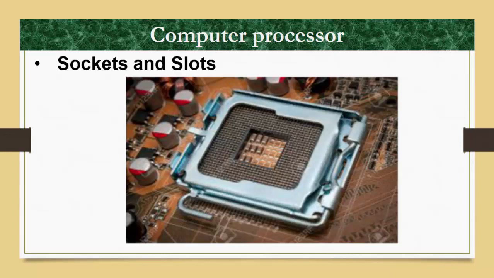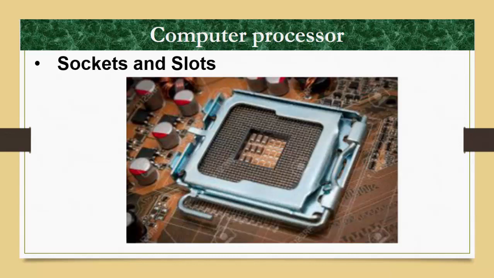Students, the microprocessors are attached to the motherboard of the computer. There are two general types of mounting used to connect the processor onto the motherboard: sockets and slots. Some processors are available in only one mounting type. Others, such as the Intel Celerons, are available with both types of mounting.